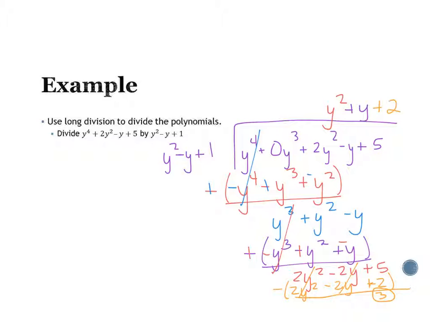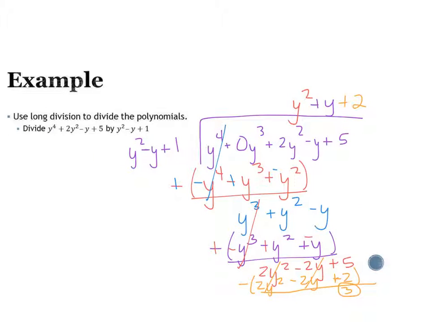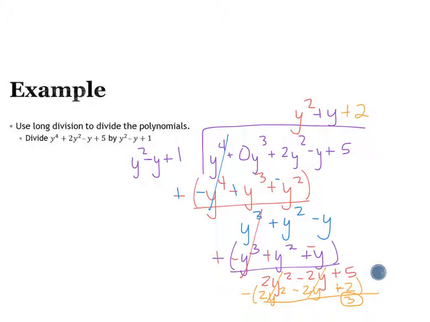So then we need to write our remainder. I moved it over a little bit for us. Plus 3 over what we were dividing by, which is y squared minus y plus 1. That is your answer. So it did not divide into it evenly because there was a remainder. All right, we're going to look at one more of these.